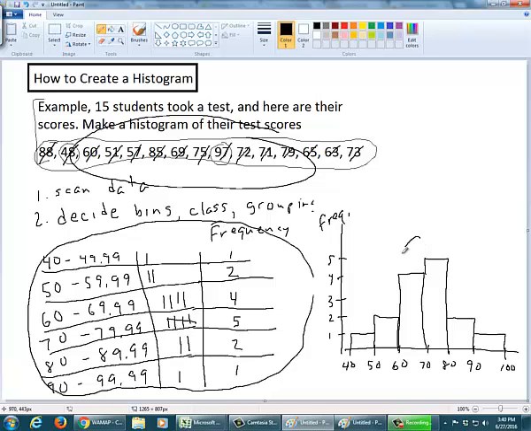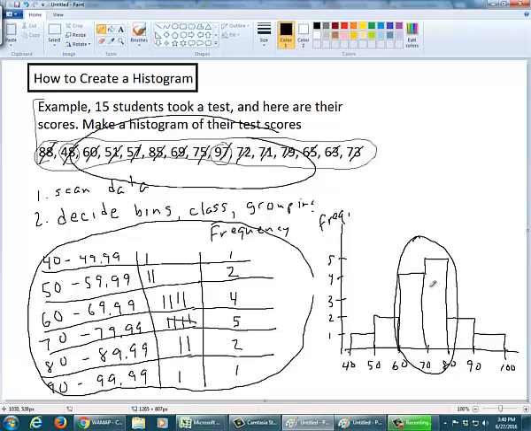I can see that most of my students scored here in the middle in the 60s and 70s. The entire range goes from the 40s up to 100s. But only a few down here in the 40s, only one in the 40s, and only one student scored in the 90s.